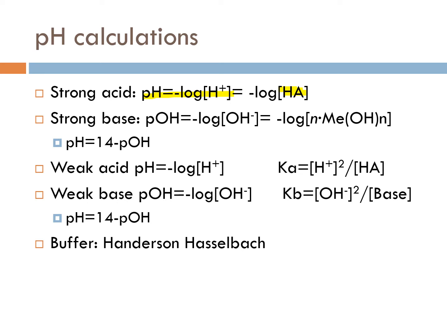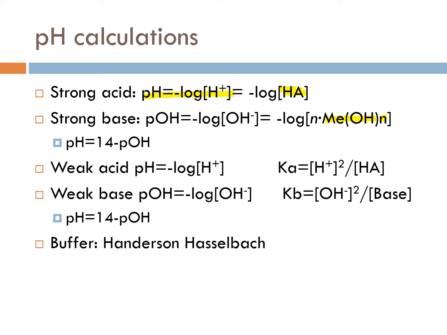So first of all, strong bases are all hydroxides from group 1 and group 2. Here I use Me as a symbol for a metal from group 1 or group 2. So Me could be sodium, potassium, calcium. And then you have an n, because if it's group 1, like sodium hydroxide, you have only one hydroxide ion. But if it's from group 2, you have two of those, right?